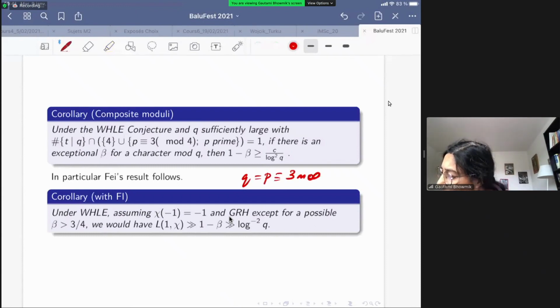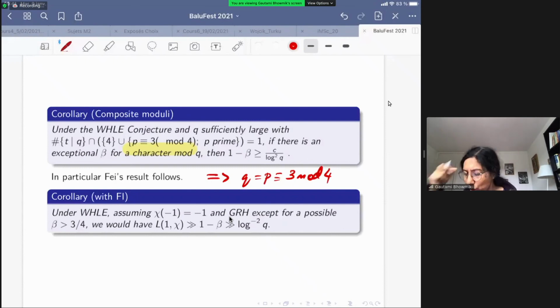Yeah, you see that here. So this is phi. So it follows from that. It also, from this result, again, these are conditional results, as I said.